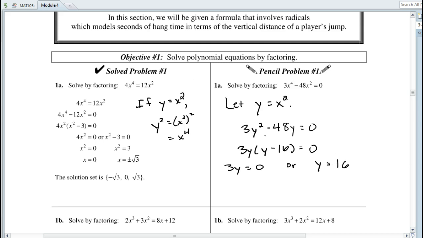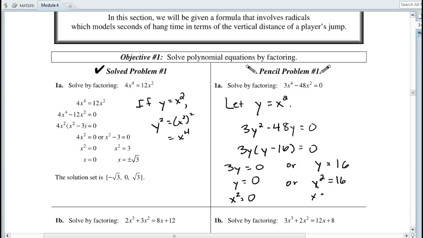And then we just want to replace y with x squared once we solve for y. So y equals 0 implies x squared equals 0, which just means that x equals 0. Or if we have y equals 16, that's x squared equals 16, because we turned y into x squared.